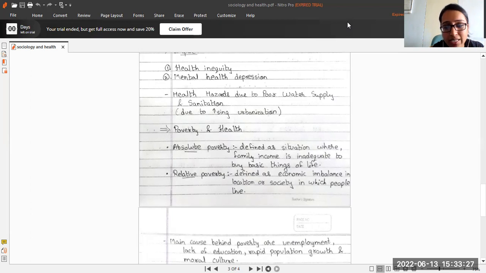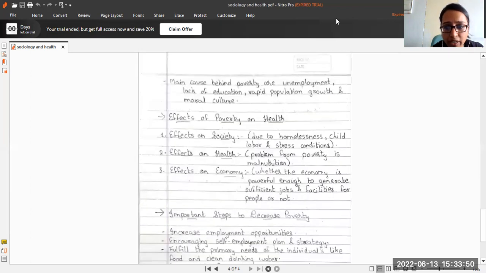Relative poverty is defined as economic imbalance in the location or society in which people live. Relative poverty relates two things: it is the study of an imbalance of the economy between the society and the location where the person is living.